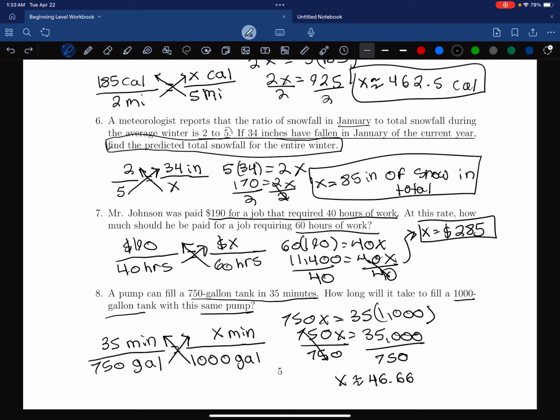Because the original directions say to round to the nearest hundredth, you'd say 46.67 minutes. And that's your answer.